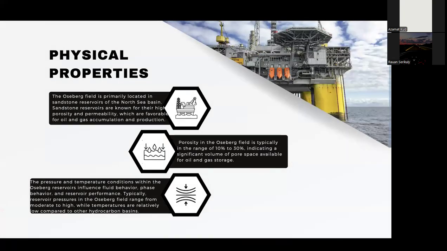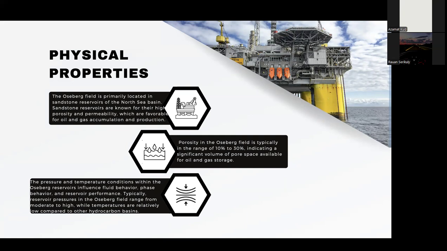So I will talk about the physical properties of the Oseberg oil and gas field. The formation of the field consists of sandstones. It was deposited since the Jurassic period, and it is 50 to 100 meters in thickness.